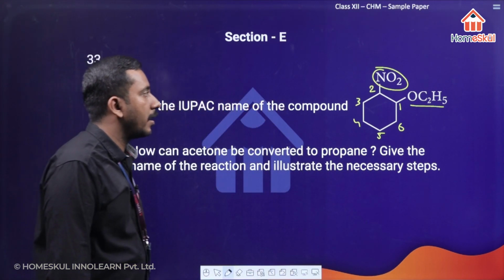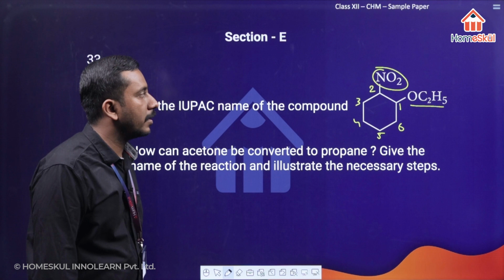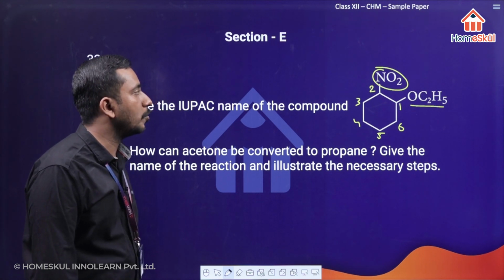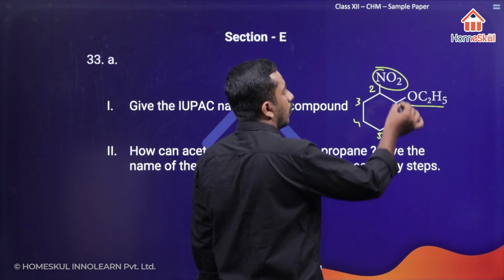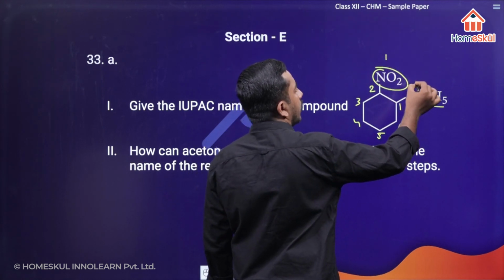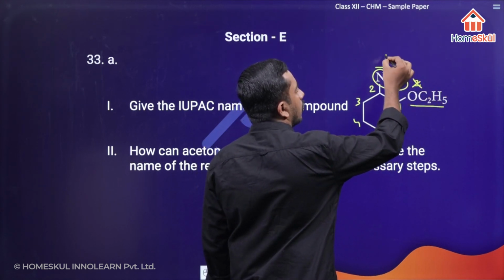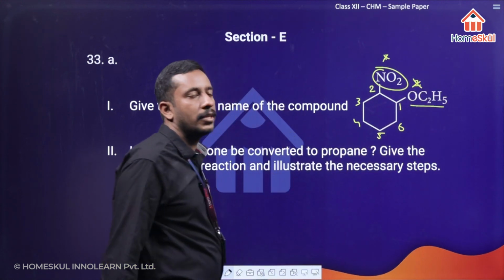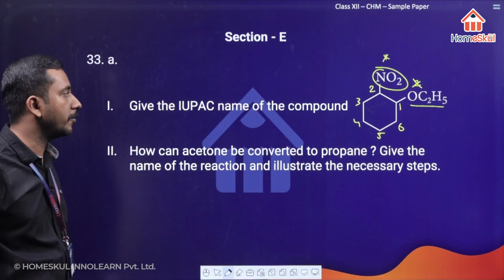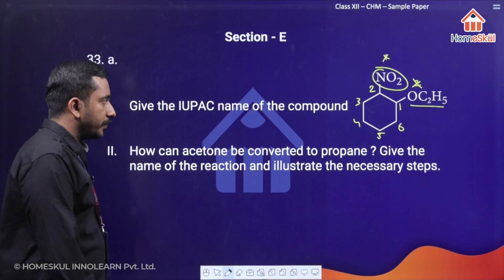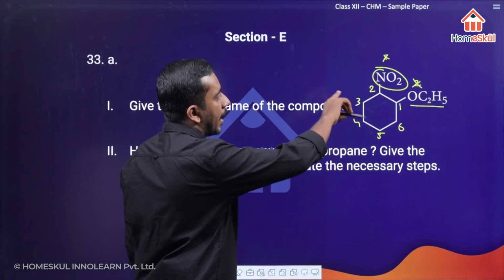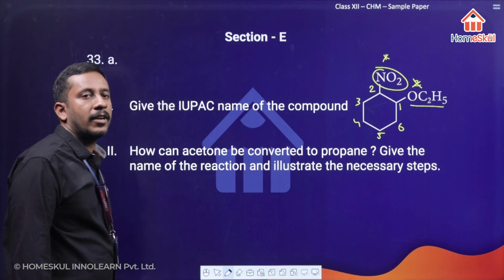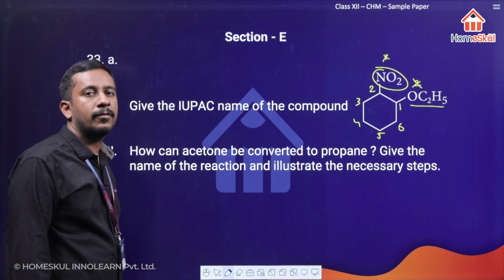So our substitutions are ethoxy group on the first carbon and nitro group on the second carbon. The naming is not reversed. You should not name the compound as 1-nitro and 2-ethoxy. This is wrong because the alkoxy group is always going to come as a prefix. And when we have two substituents, we have to follow the alphabetical order.